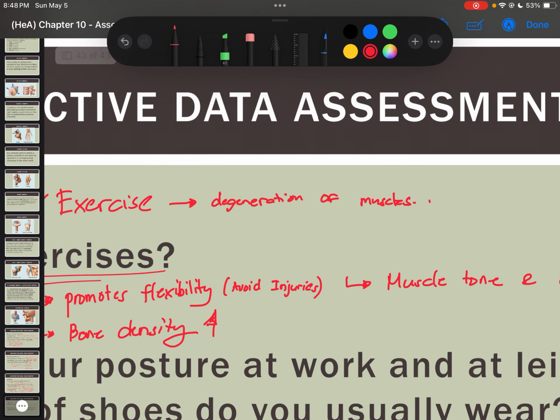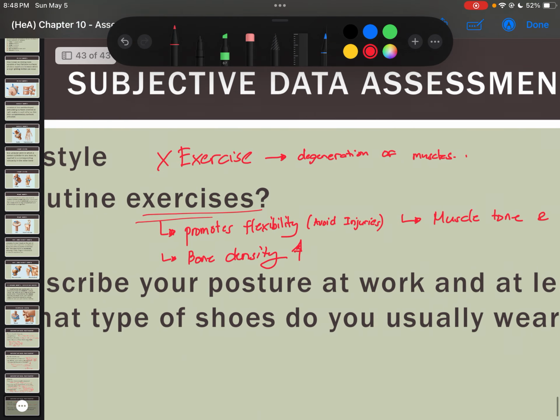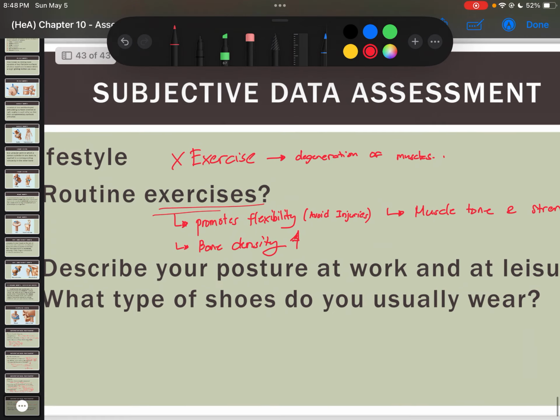This is commonly seen in aging patients. Normally, around 50 or 60, your activity level and exercise decrease. As a consequence, the size of your muscles decreases or your muscles degenerate.